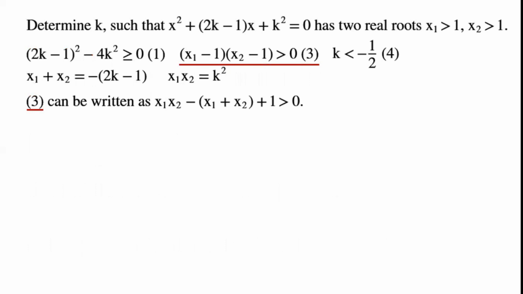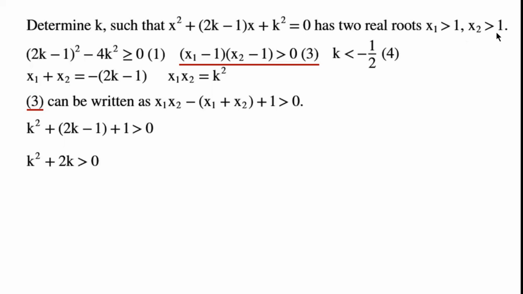Inequality 3 can be written as x1 x2 minus (x1 plus x2) plus 1 is greater than 0. We can write x1 x2 as k squared, and we can write minus (x1 plus x2) as 2k minus 1.